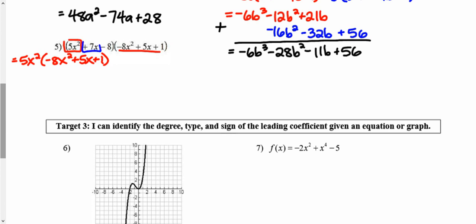And then 7x. Notice I'm keeping that sign, so it's a positive 7x. And then here's the third distribution, so a negative 8 times everything.